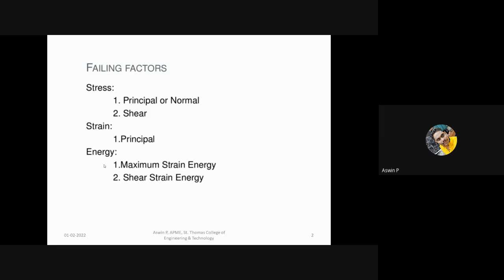All these things are known to you actually. Whenever you are discussing stress, you know that principal stress or normal stress is there as well as shearing stress. As we have known, for a biaxial load, there will be sigma x and sigma y. And if you know sigma x and sigma y, you can calculate principal stresses. That is, sigma 1 is the principal stress, sigma 2 is another principal stress, and we have another principal stress in the stress tensor as sigma 3.